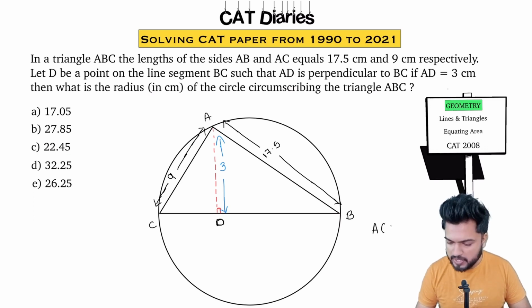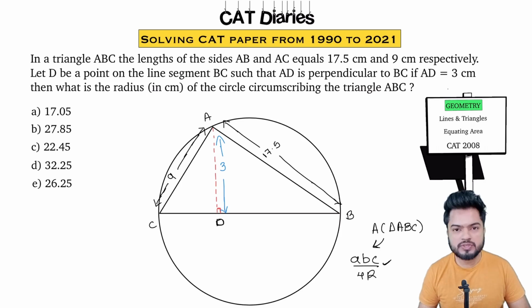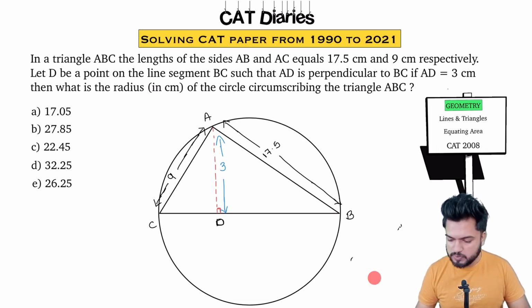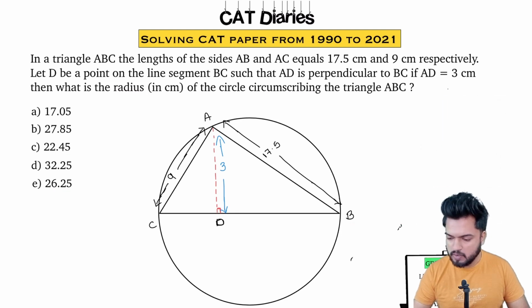So area of triangle ABC is equal to what? I know that it is equal to A into B into C upon 4 into R, where R is your circumradius. That's all I know about it. So this is the formula that I'll start with. Okay, so let's begin with this and understand how we will deal with this problem. Let's keep this aside.